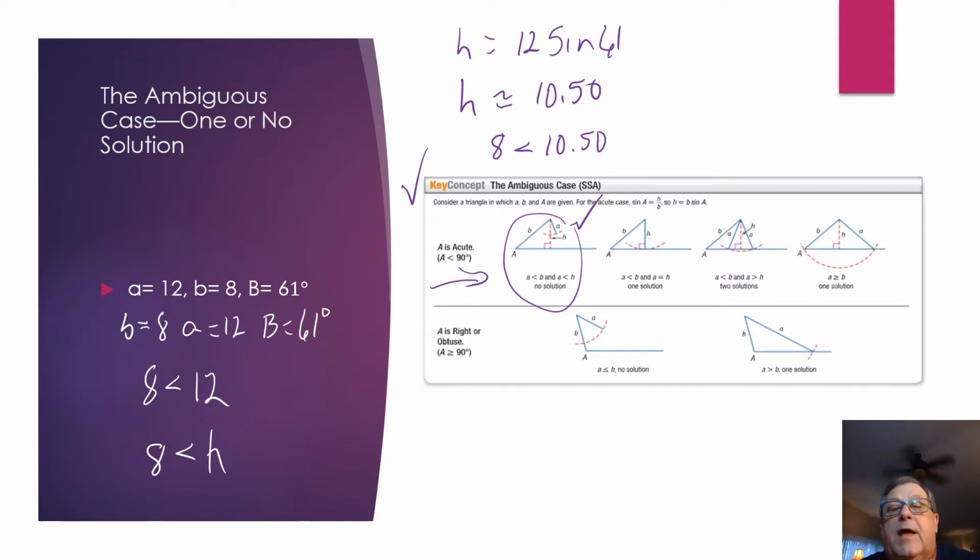And then we calculated the height based upon the other side times the sine of the angle we know. And we then relate the side opposite the angle we know to that height. We see that it is also less. And so guess what? For all of that, there is no solution. This is not even a triangle.